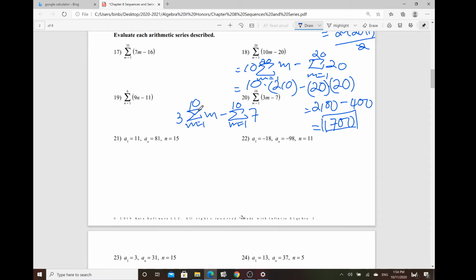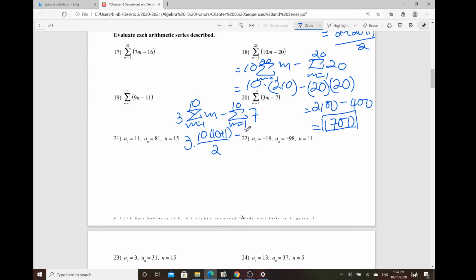And then this one here is just 10 times 10 plus 1, using the formula, divided by 2 to find the sum of that m. That means adding 1, 2, 3, 4, 5, all the way to the 10th term, and then multiply by 3.